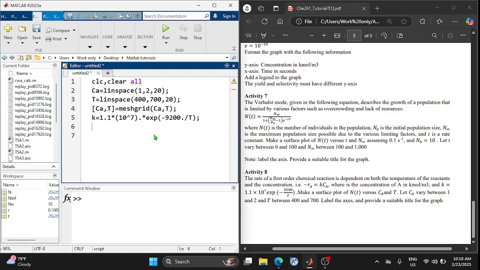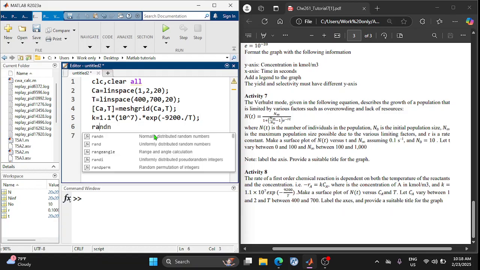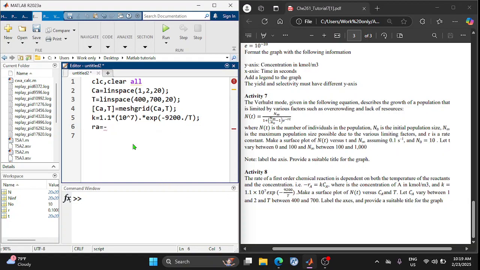And I can see that if minus Ra is equal to K Ca, then Ra is equal to minus K times Ca. So this is what it's going to be.